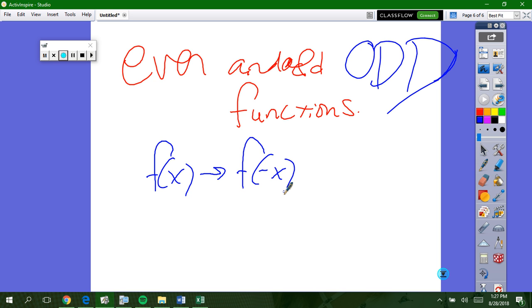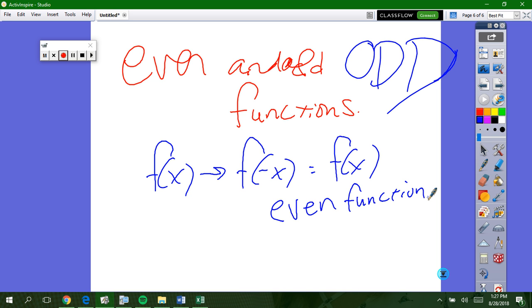I didn't distribute, but I replaced the x with a negative x, and it comes back to the exact same function we had at the beginning. That is an even function. We'll get to examples in a moment.